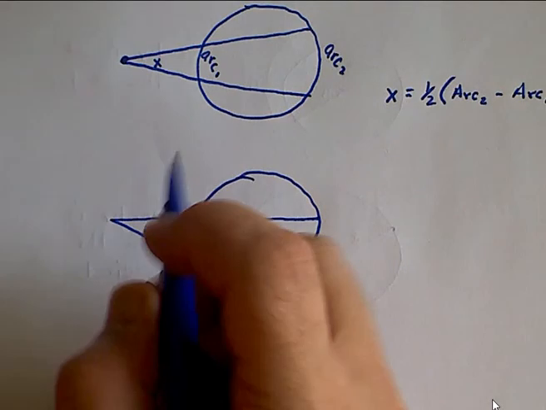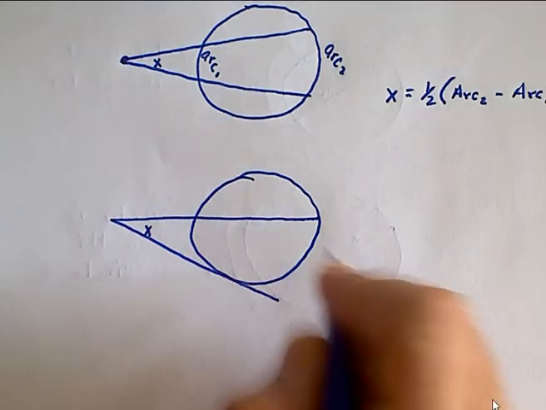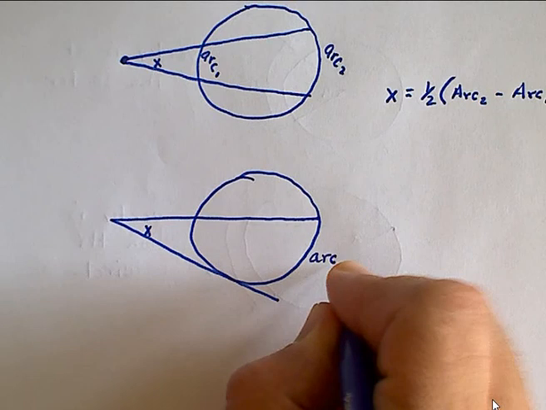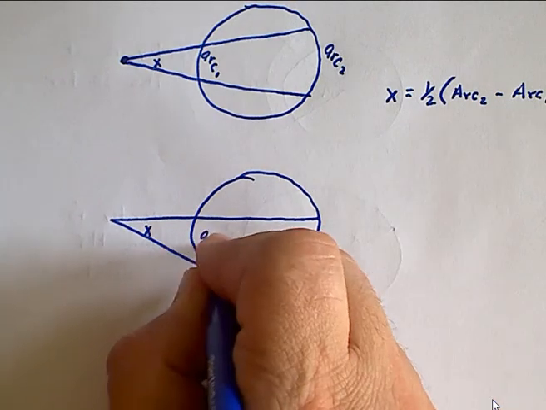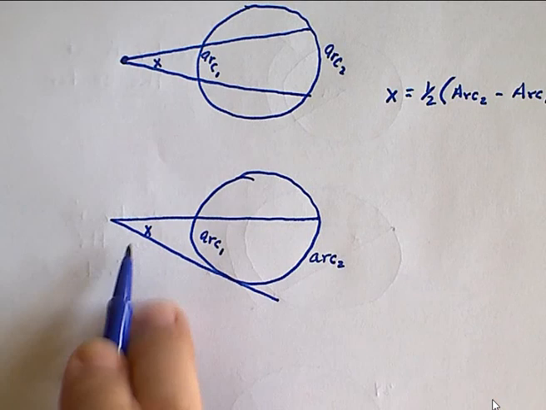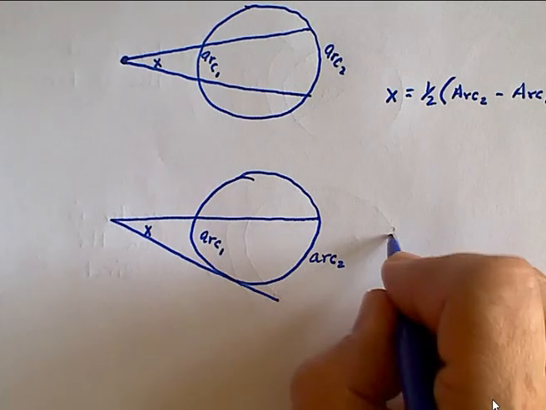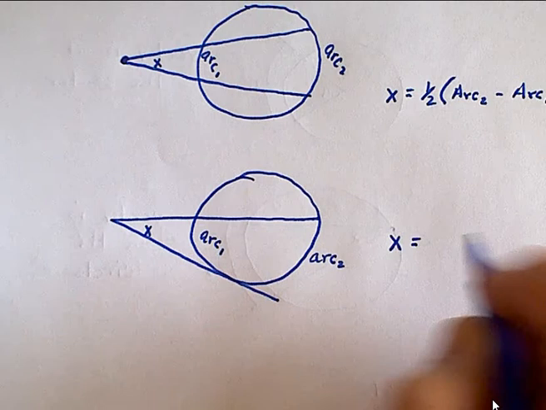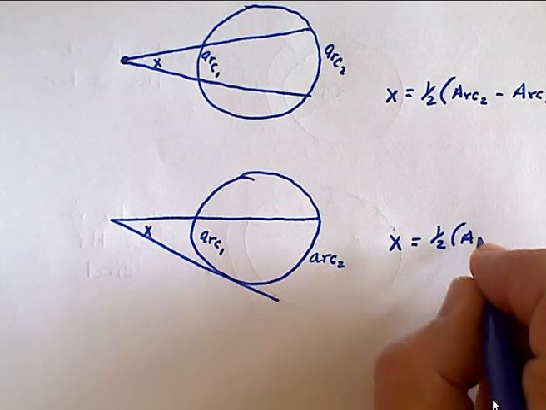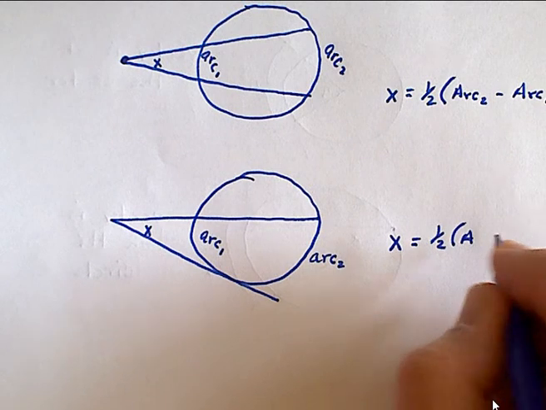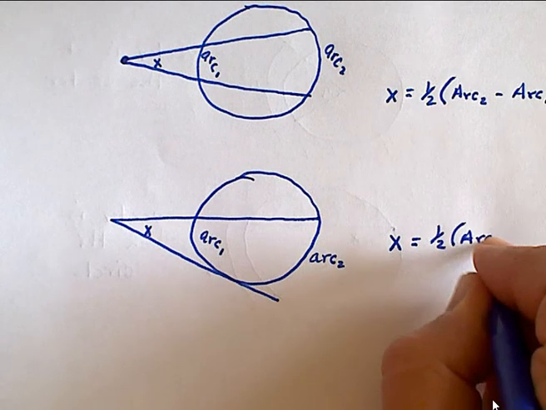You still have angle X, you still have arc 2 and arc 1, and because the vertex is outside the circle, X is still 1/2 the difference of the two arcs: arc 2 minus arc 1.